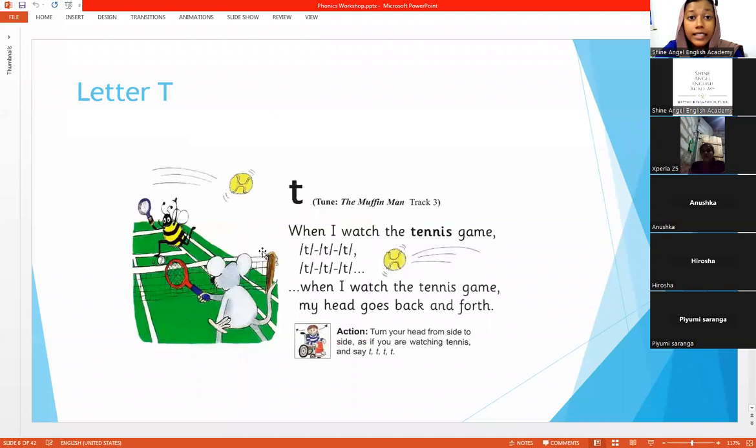And the next one is letter T. Now, this is where you sit down and watch a table tennis match. You're watching it and you're the ball. It goes from right to left.